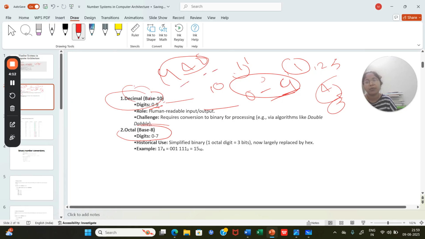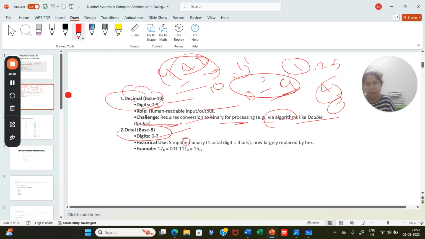By using only these 0 to 9 digits, we make all decimal numbers. Next, the challenge is that binary processing requires conversion with algorithms like double dabble. These are the kinds of algorithms we use so that decimal numbers suit human-readable input and output.